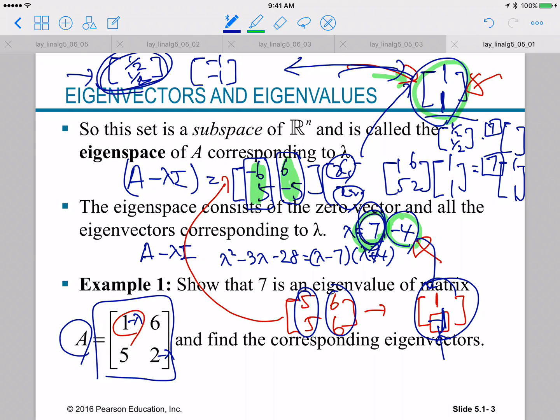Regardless of which vector you use, the direction will not change, and the length of the original vector will be multiplied by 7, right? And so all these three eigenvectors are treated as the same vector.